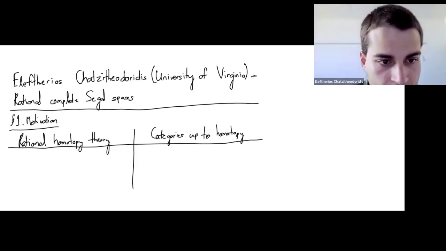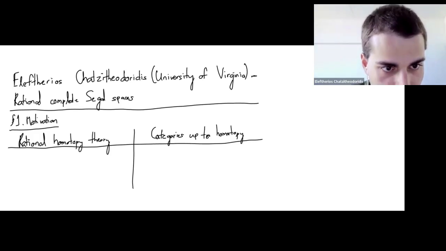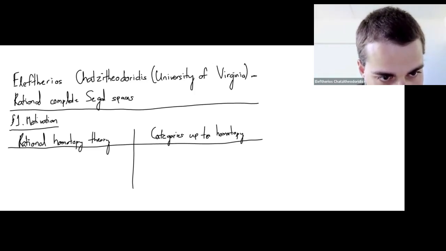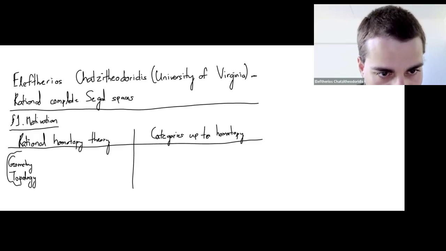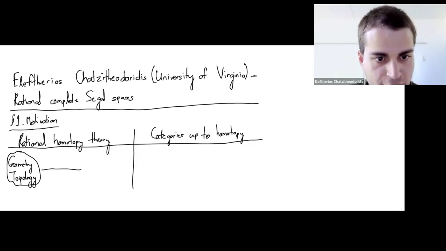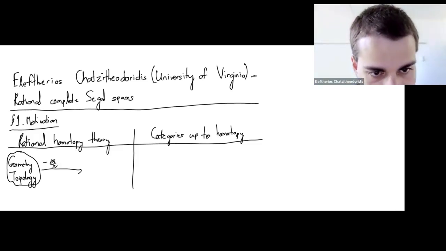So a bit of motivation for the left-hand component, rational homotopy theory. What rational homotopy theory does is, you start on one side with difficult problems in geometry and topology. And very often, if you discard the torsion, which is done by tensoring over Z with the rational numbers, so this is where the rational business comes in, you get a problem in algebra, things like rational DG-Lie algebras or co-algebras that might be more tractable.